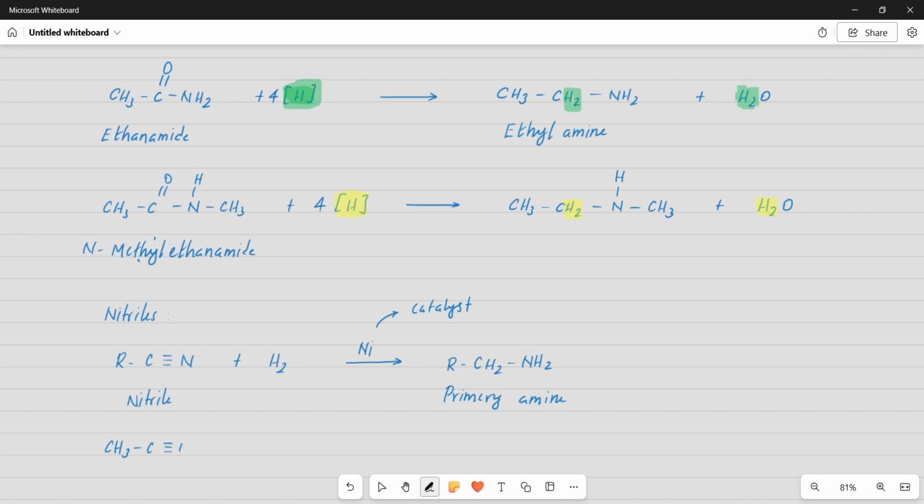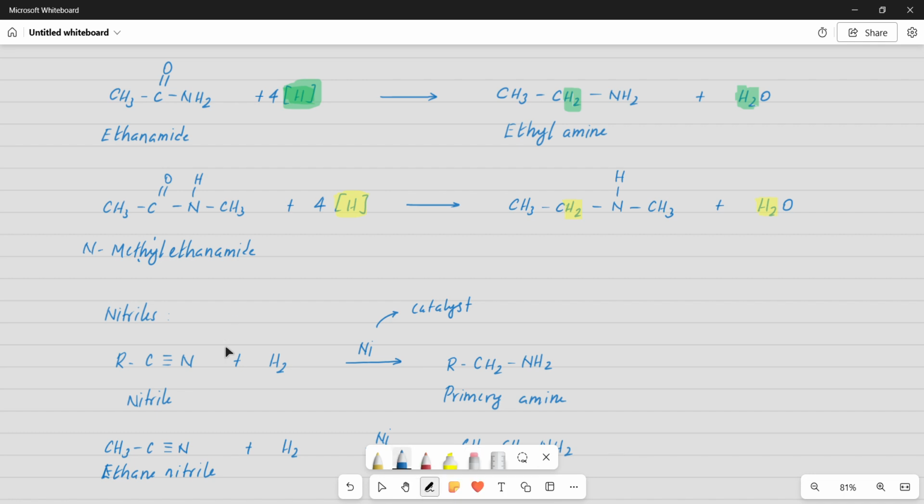Let me take the simplest one. This is ethanenitrile. If I use hydrogen in presence of nickel, I'll get ethylamine, which is a primary amine. Nothing will be further formed.